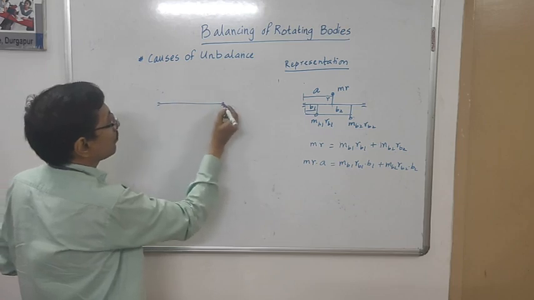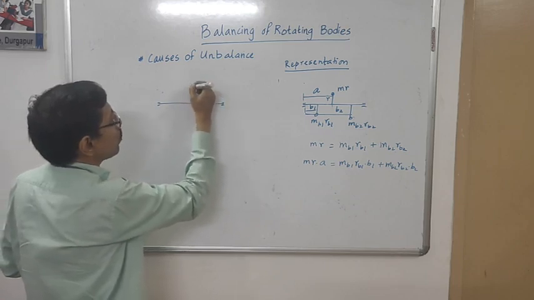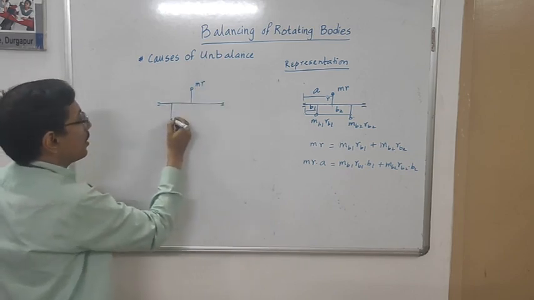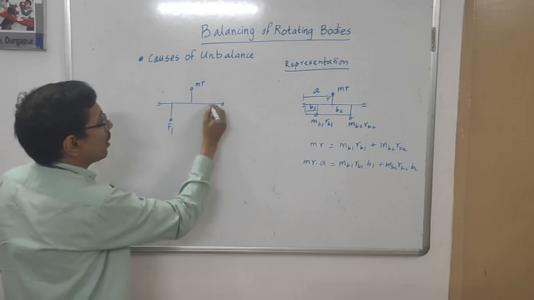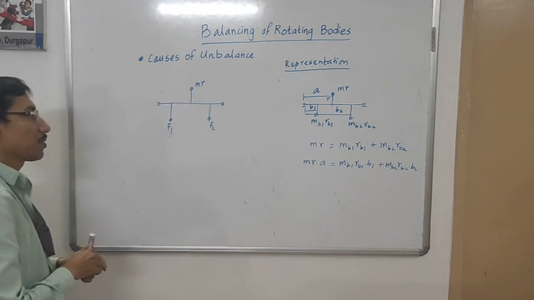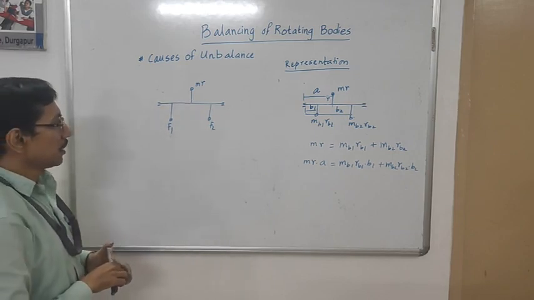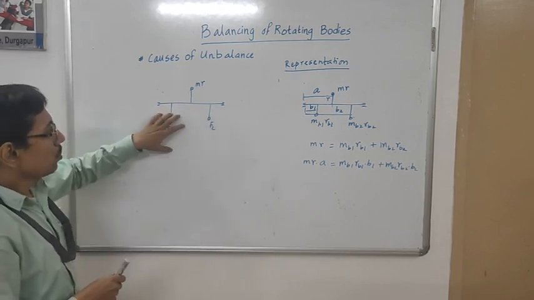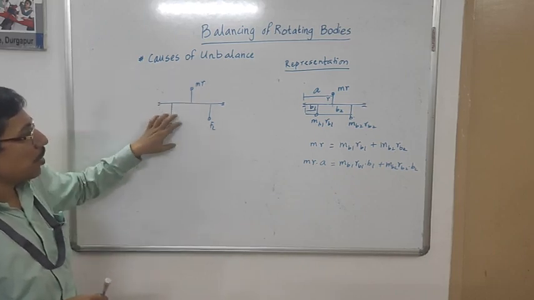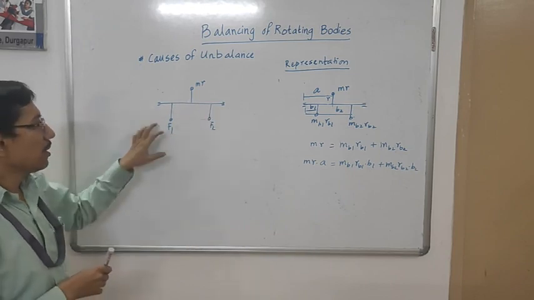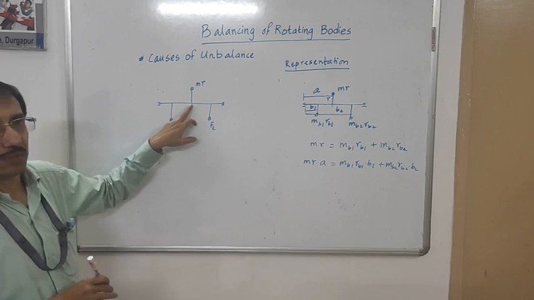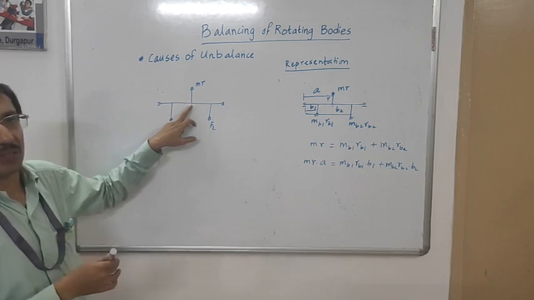This is one unknown, unbalanced force, and here we have say force F1 and here we have force F2, the balance forces. By putting these two in such a way that this force equals the sum of these two forces, its resultant center of gravity could lie on the axis of rotation. Fine. So it will be statically balanced.